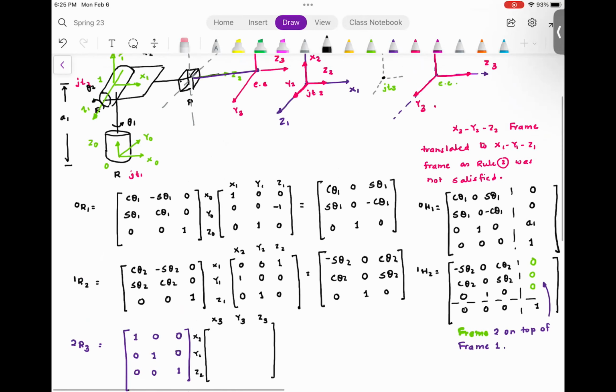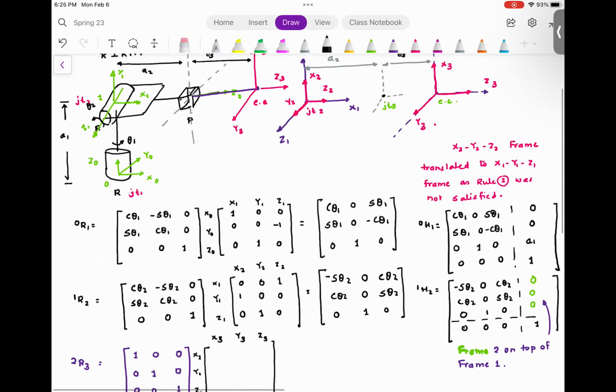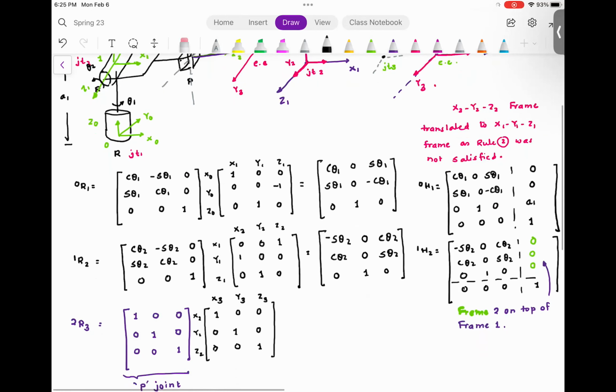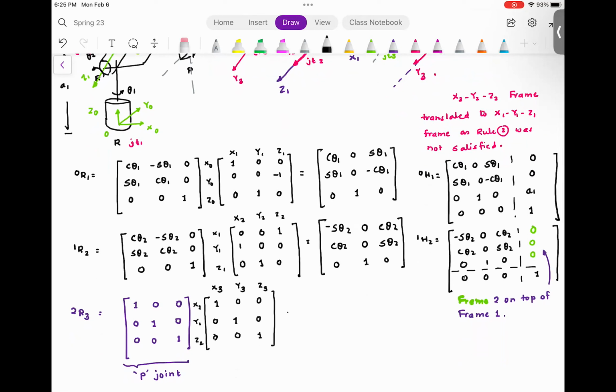So now let's look at x3, y3, z3. Can you see x3 is aligned with x2? Can you see y3 is aligned with y2? And can you see z3 is aligned with z2? Are you with me so far? So in this particular case, you get an identity matrix.